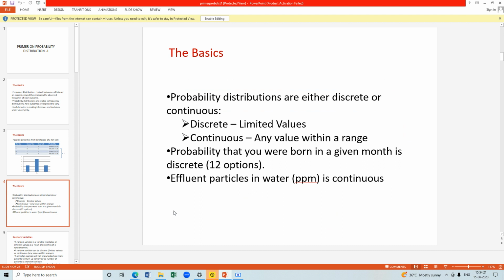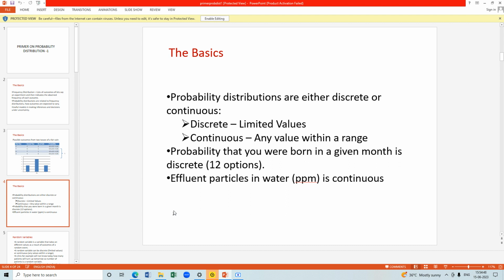One important point is that a probability distribution can be either discrete or continuous, and this is a term you will frequently come across when you read articles and books on this subject. Discrete distributions are those which have a limited set of values, and continuous distributions, to the contrary, can have any value within a range.